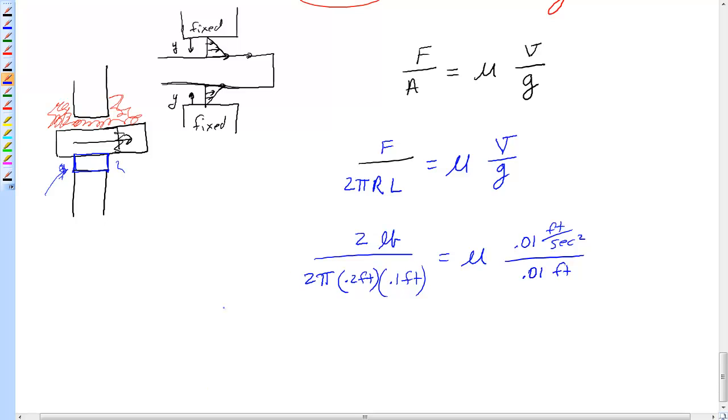Now, first of all, is the R very large compared to the gap? No, but in this particular case, it's different from the last case because the shearing is occurring in that way and not in this direction. In other words, the shearing is occurring along the y-axis.